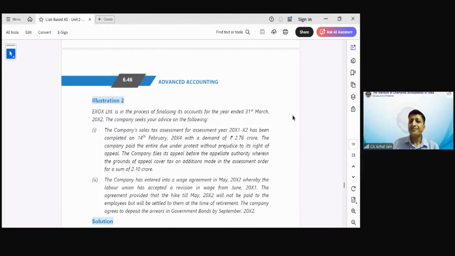So what is going to be your assessment in this case? Quickly. In the first one, what is your assessment? Is this probable, possible, or remote? Quickly, what is your assessment in the first one?